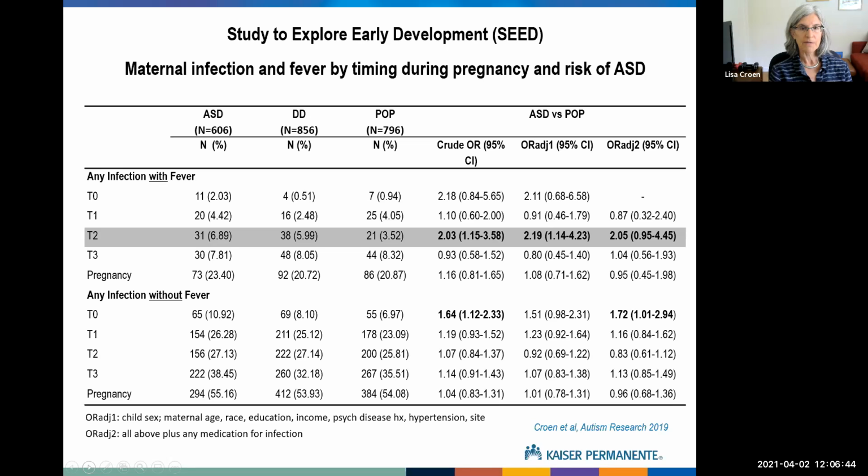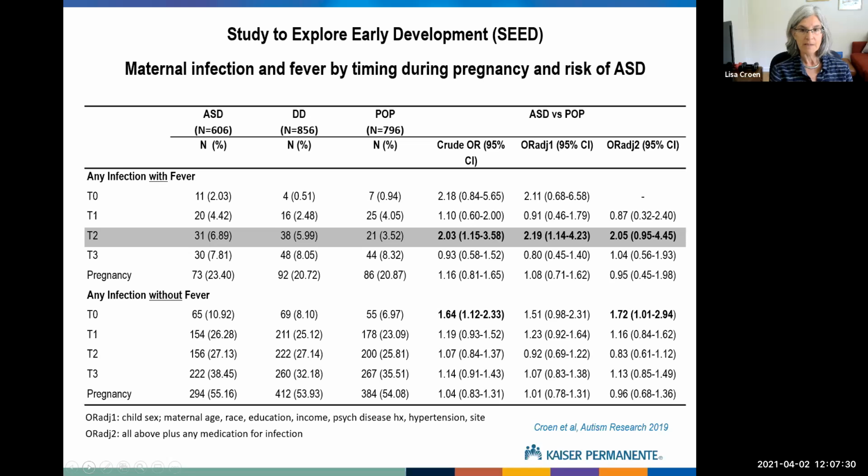These are data from the first wave of the SEED study that combined data from all of these 6 locations. We looked at all different types of infection, viral and bacterial, coded by organism and also by organ system. And then we were able to look at fever accompanying the infection or not. Overall, we found no association with infection per se in any trimester, but we did find a significant 2-fold increased risk associated with second trimester infection that was accompanied by fever.